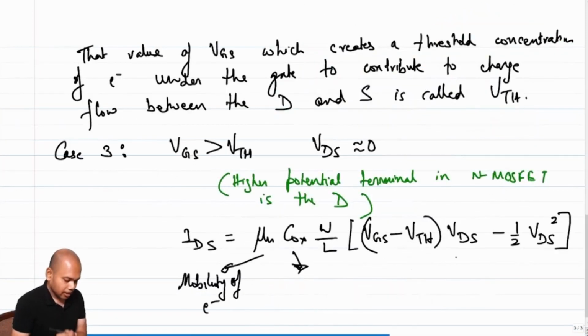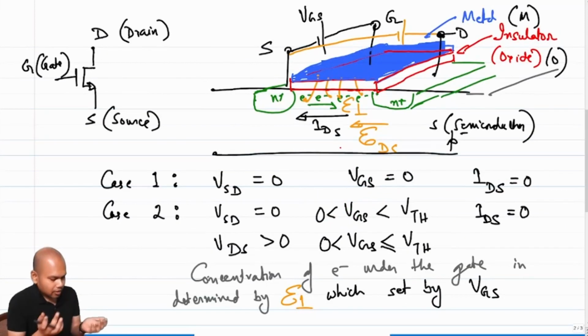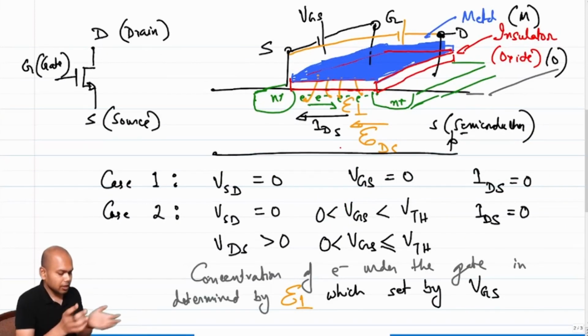that there will be a capacitance associated with it, right? And surprise, surprise, this capacitance comes as a term in the current equation. And we should not be surprised that a capacitance comes, because what will be the charge that accumulates under the oxide? It should be proportional to the capacitance, right?